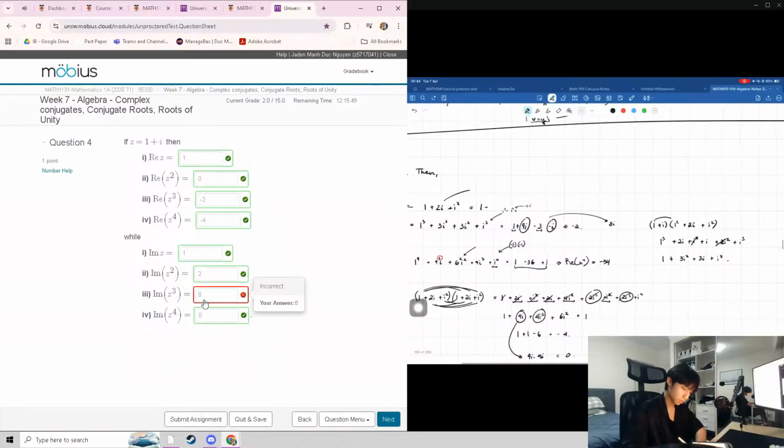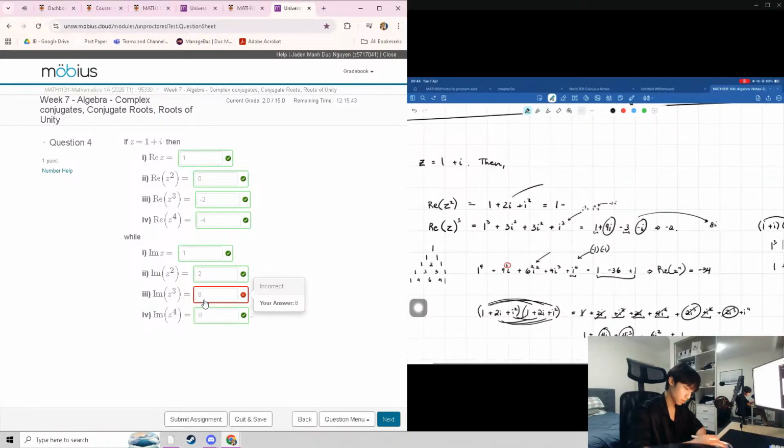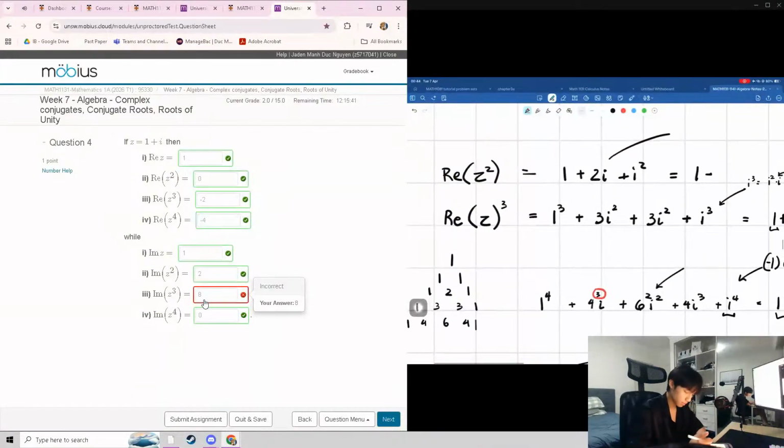What's going on? Oh, oh my god. It's to the a, not to the go efficient. It's to the a. It's like a cubed plus 3 times a squared i, you know?